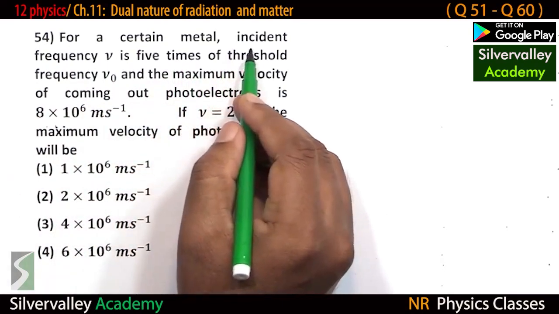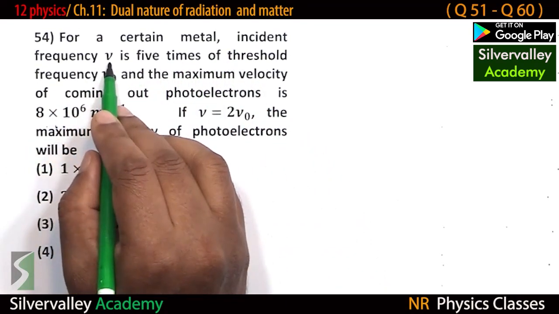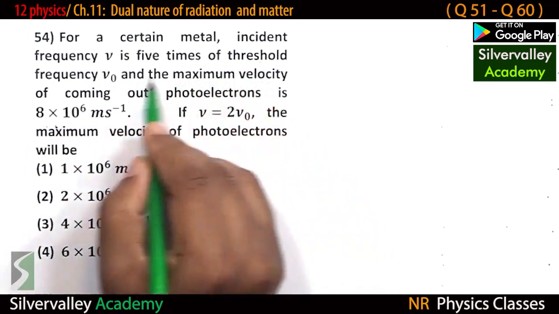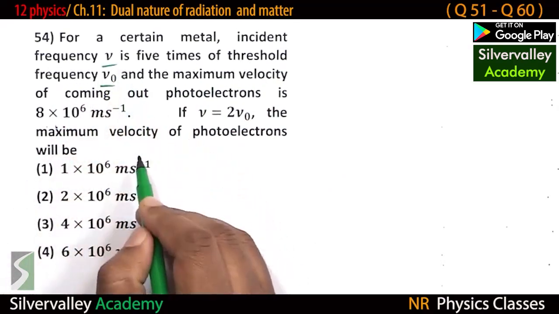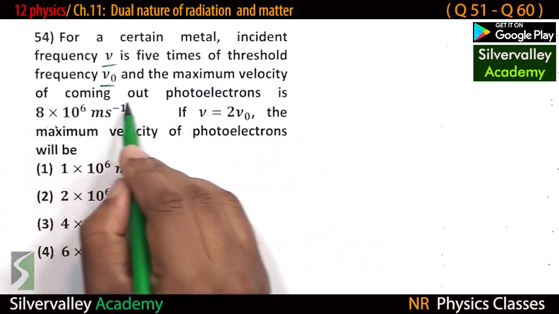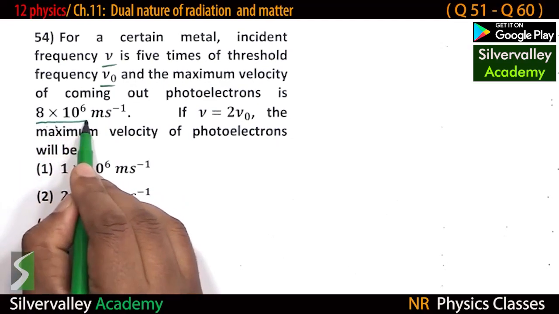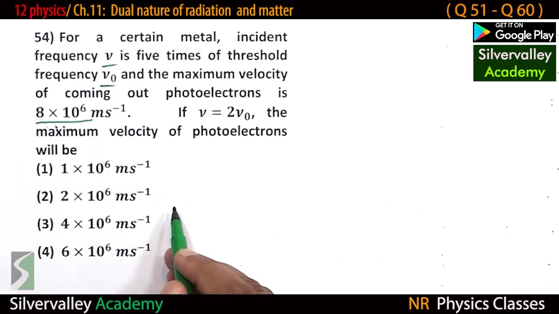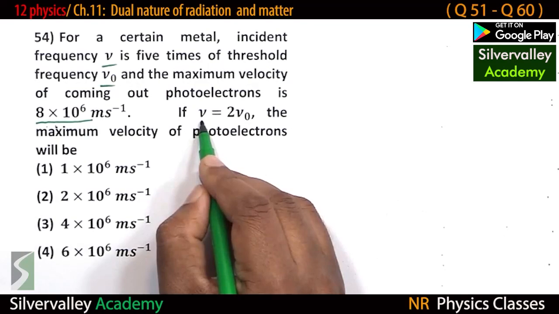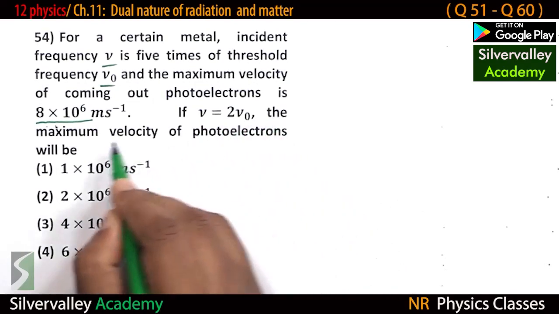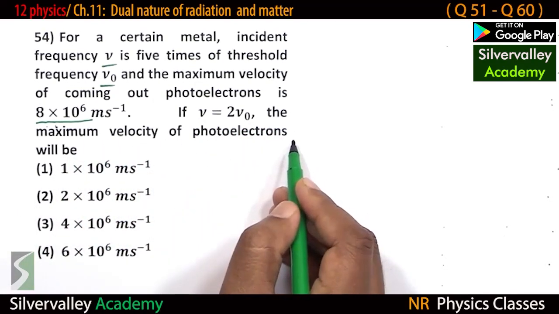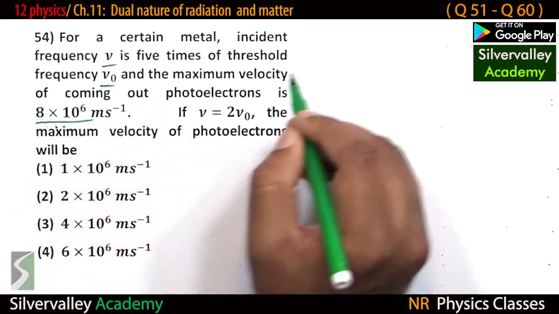For a certain metal, incident frequency nu is 5 times the threshold frequency nu naught, and maximum velocity is 8 times 10 power 6. If nu is 2 nu naught, find the maximum velocity of photoelectrons. So frequency, velocity.